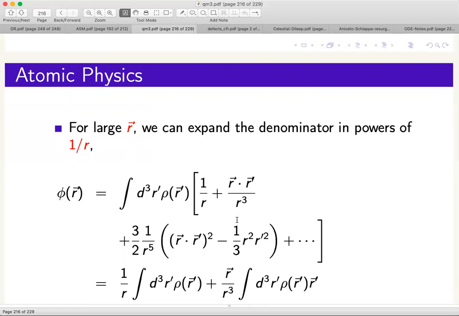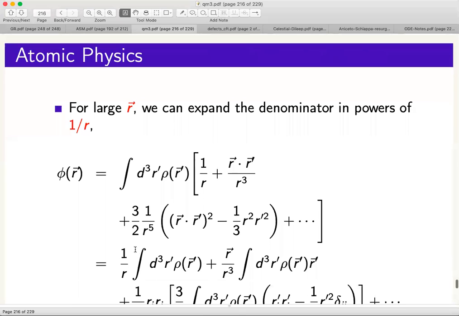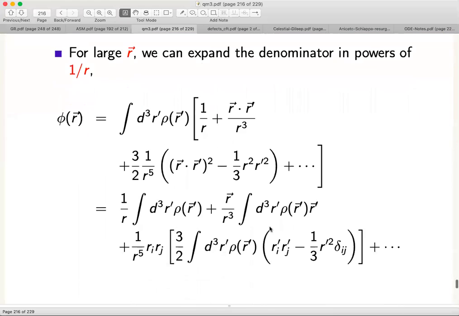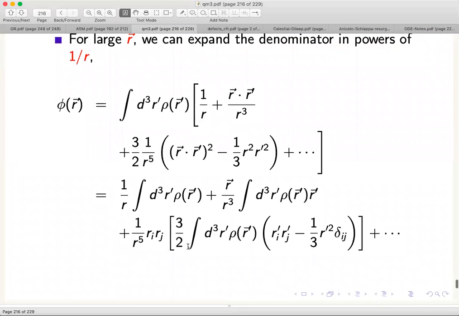So you get terms which are like this. You get 1 over R, which is the monopole term, which we have already used. Then you get R dot R prime upon R cube, which is the dipolar piece. And then you get a quadrupolar piece, which looks like that. This is what I expanded, explicitly writing down the pieces.